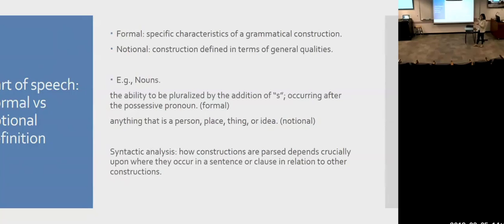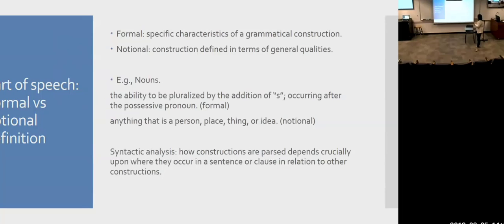But anyway, it can be helpful. Also, nouns occur right after the possessive pronoun, like our department, or my room, whatever, right? So this is a specific possessive. Right after this possessive, you see a noun, right?